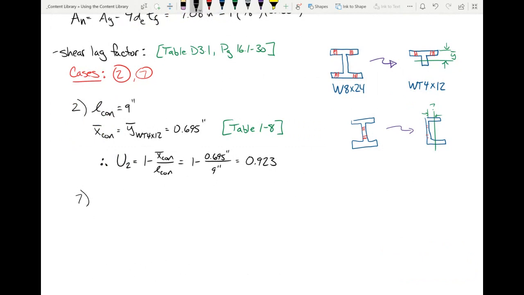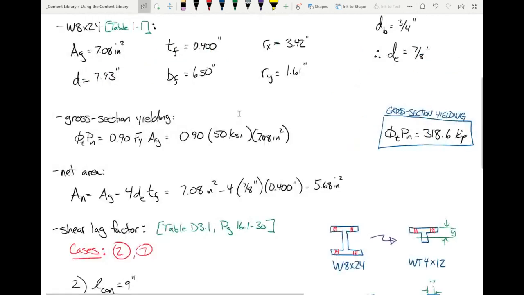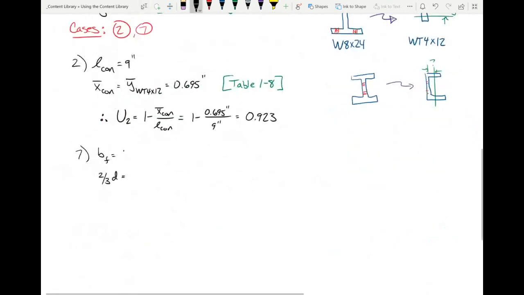So we're looking at case 7, and if you notice, we've got to compare some values. We've got to compare BF, and we've got to compare 2/3 of the depth. Okay, so now you can see why I had you look those up earlier, right? So the B sub F was 6.5 inches and 2/3 of 7.93 inches. So what's 2/3 of 7.93? Doesn't need to be exact.